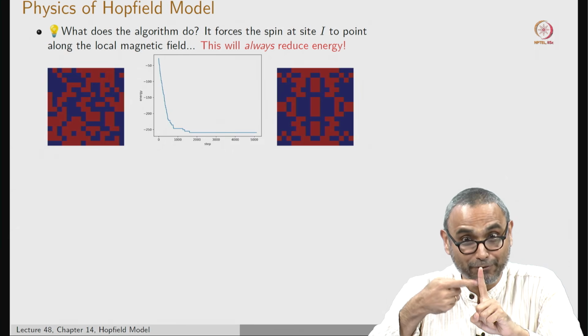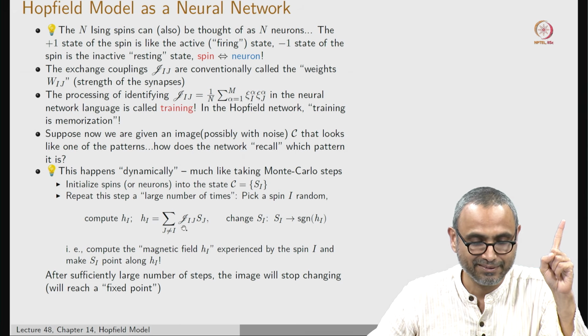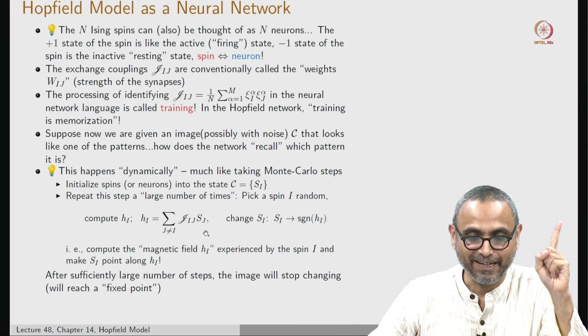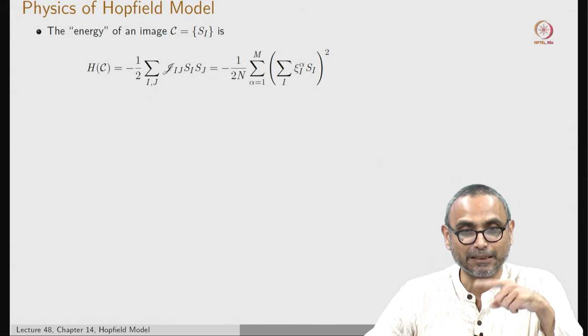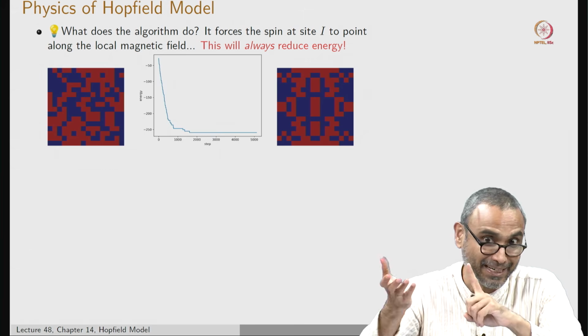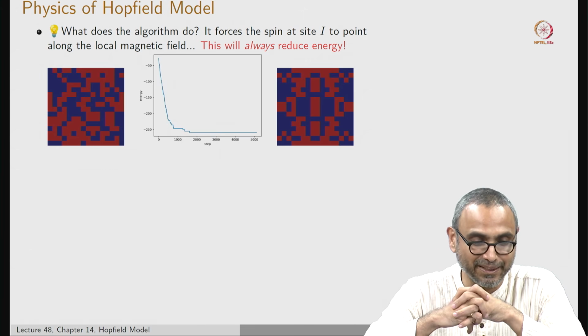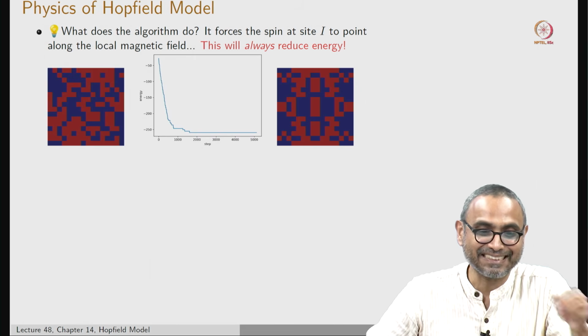There is some effective magnetic field, the one that we showed here, at the spin i. If you now change the spin at site i to point in the same direction as the magnetic field coming from the other spins, then of course you will reduce the energy. And this is exactly what happens.